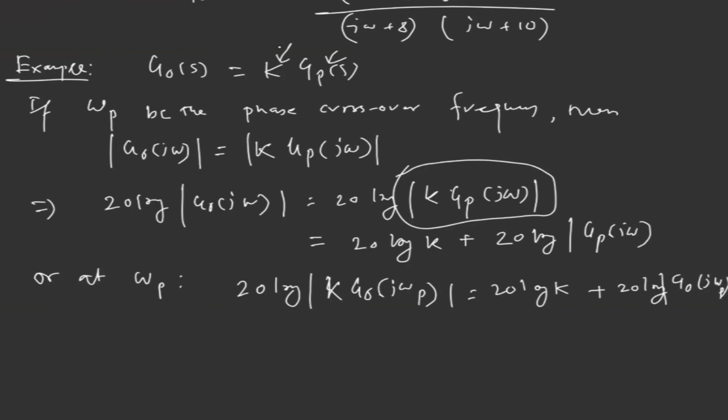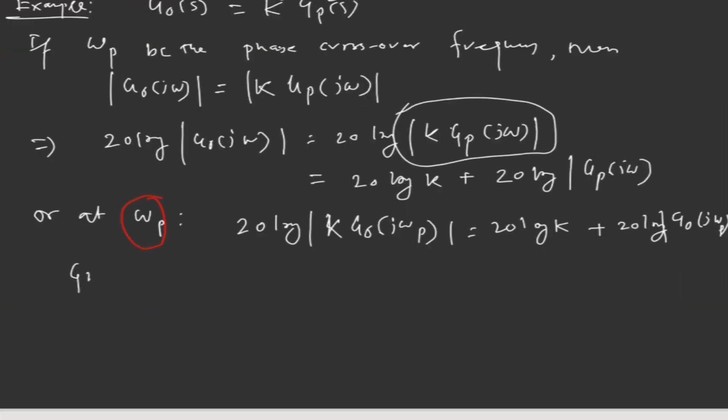So this is how we can solve. And generally we find the gain margin of the system at omega p, the phase crossover frequency. So if you'd like to find the gain margin for this particular transfer function, we can write GM equal to minus 20 log G naught j omega p.